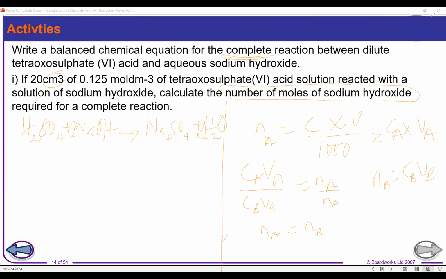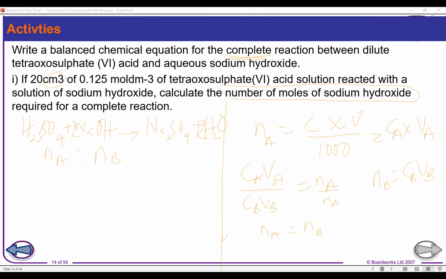So all what I need here, I just need this one. I think I need to just solve the whole thing using this piece on the left-hand side. They gave information about the acid. So I have the volume of the acid, I have the concentration of the acid. That means with that one, I can calculate Na, and use Na over Nb. So let's use that formula, Na ratio Nb.